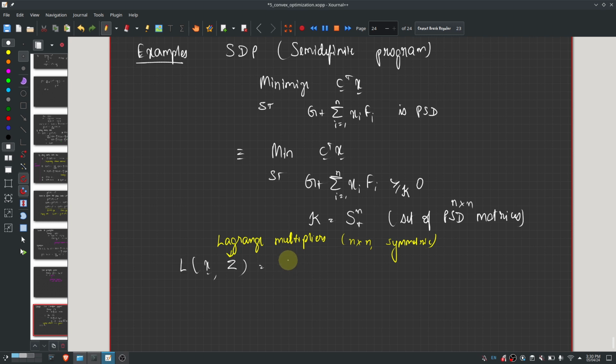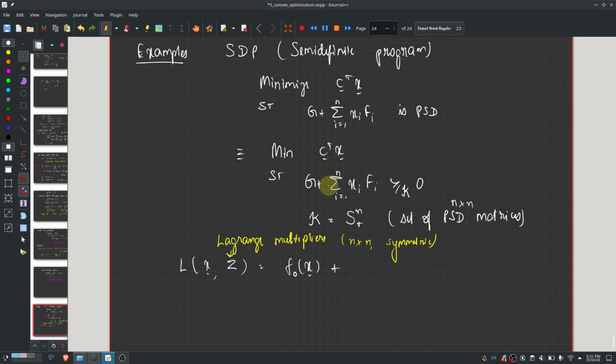What will this be equal to? It will be equal to f0 of x plus an inner product between Z and this particular quantity. These are all matrices, keep that in mind. What would be a natural choice of inner product between matrices?